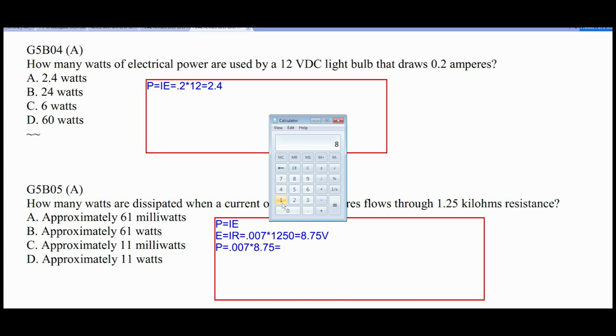Calculator again. So we've got 0.007 times 8.75. I did that wrong. 0.007 times 8.75 is 0.061.